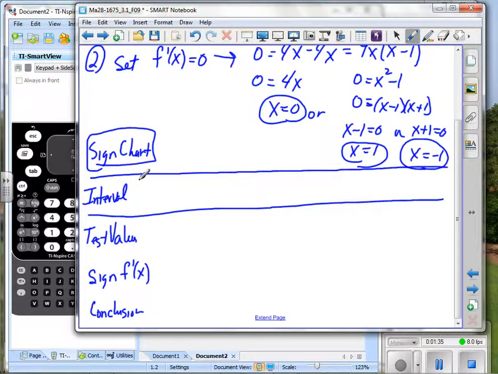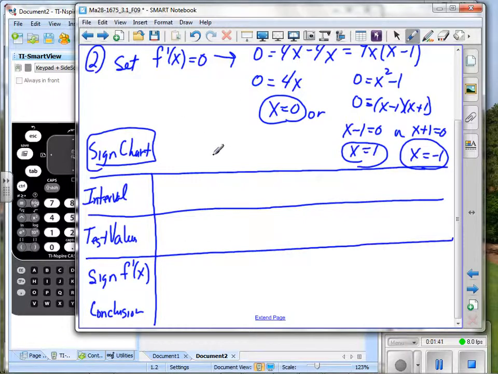So let's pretend this is my number line. Let's say this is -1, this is 0, and this is 1 over here. I've got my number line now divided up into 1, 2, 3, 4 intervals.